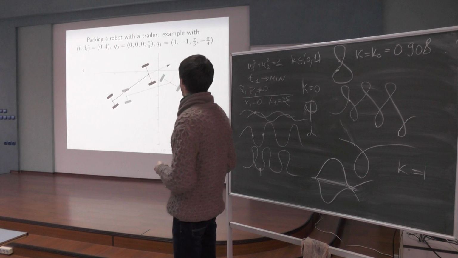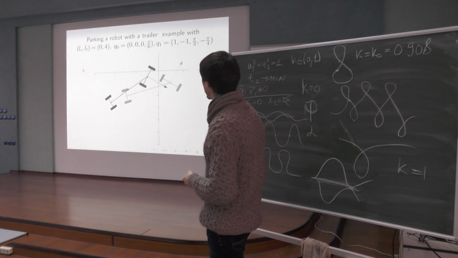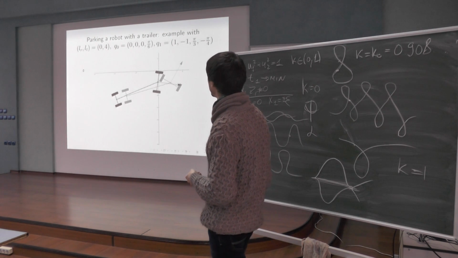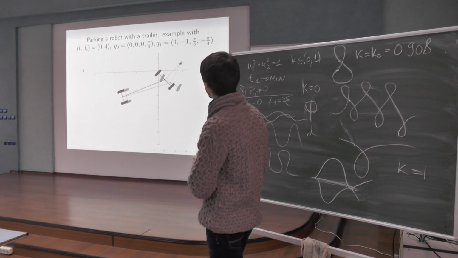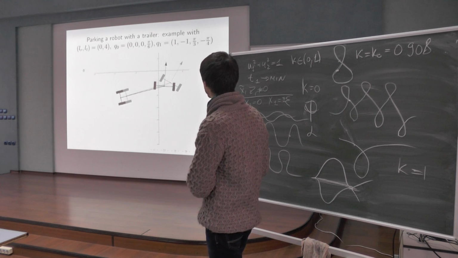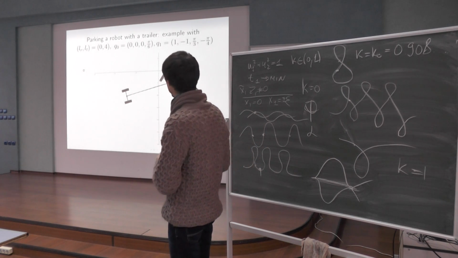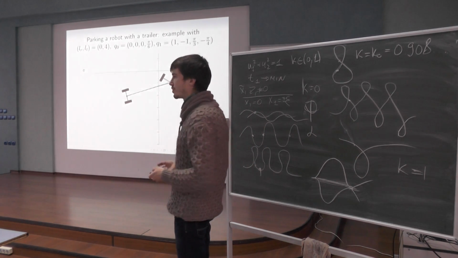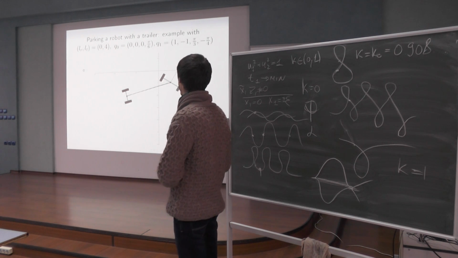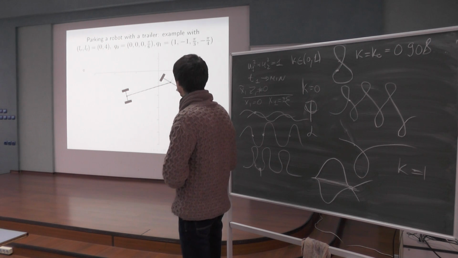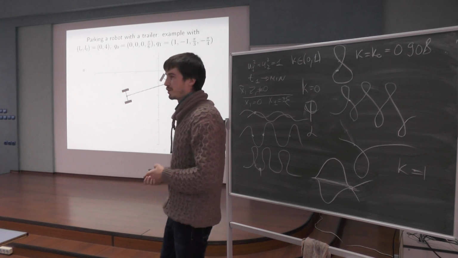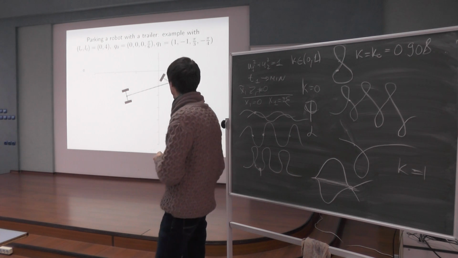And also I wrote a program for parking the robot and the trailer where the point is arbitrary for the robot. But here, since these are approximate solutions, we cannot guarantee exact solutions.